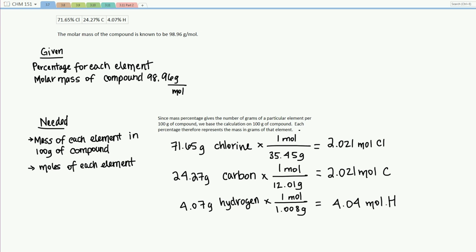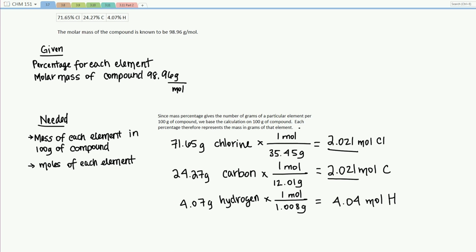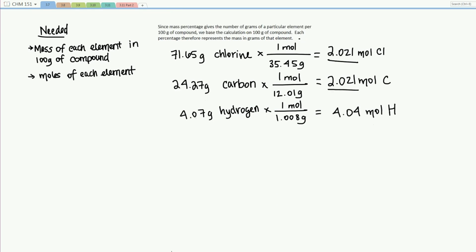Okay, so now we need to divide each mole value by the smallest number of moles present. So in this case, we have the same number of moles for chlorine and for carbon, and they're both the smallest number, so we're going to use that 2.021 moles to divide all of the moles by.